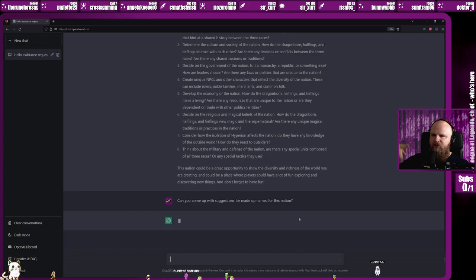I want to just go through all of the player's handbook races here first, and put them together in these nations, and then we'll try to go a little bit deeper into them. Now we're determining what races they are composed of, what's the name of the place, and what's the political structure of it.